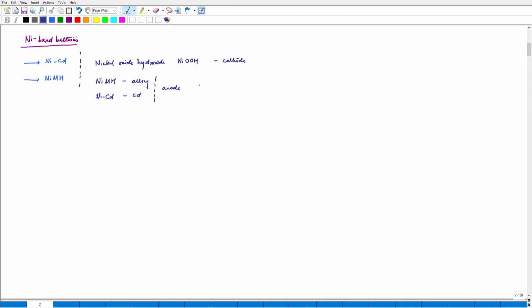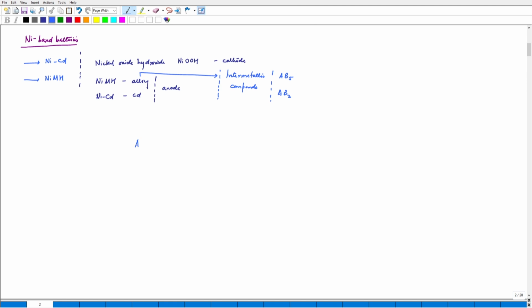Now when we look at nickel metal hydride type of batteries, NiMH type of batteries, we have some internal divisions as well. So the intermetallic compounds that are used for the anode making are basically of two types, AB5 type, AB2 type. Now what are A and B and what are these combinations in these two types, we will see.